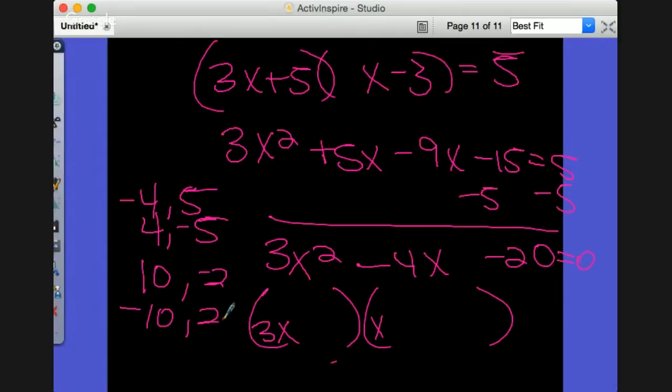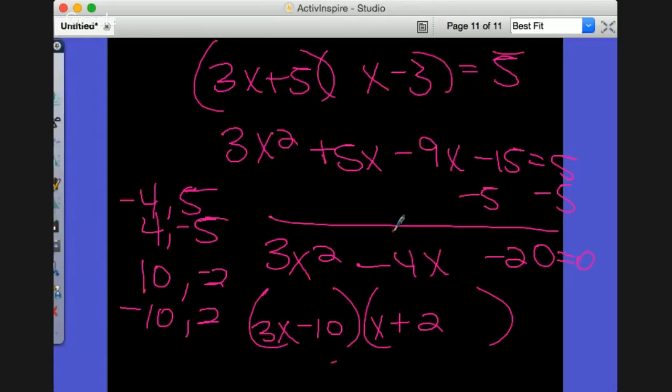All right, very good. So if we plug these in, -10 and 2, oh, yeah, that might be good. -10 and 2, right? Because what would 3x be with? The 2. And the -10 would be with the x.